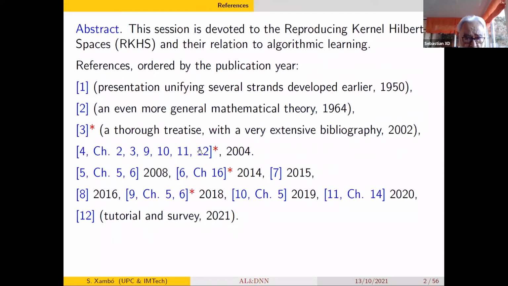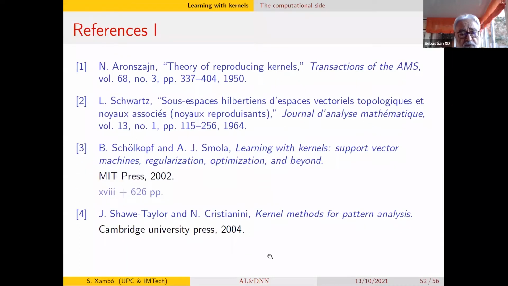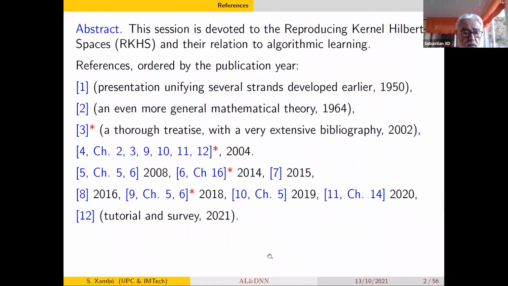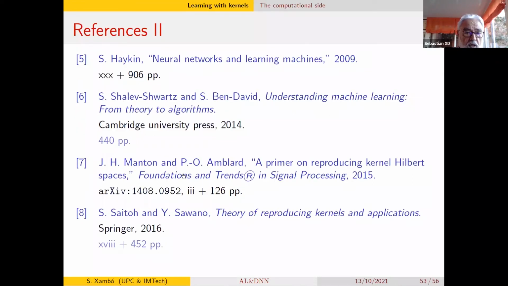Then I also select this one, number 4, of Shawe-Taylor and Cristianini, Kernel Methods for Pattern Analysis. But even if it says pattern analysis, actually this is part of algorithmic learning. It's a nice book. Number 6, I think this is Shalev-Shwartz and Ben-David. We already met this book last week. Understanding Machine Learning: From Theory to Algorithms.